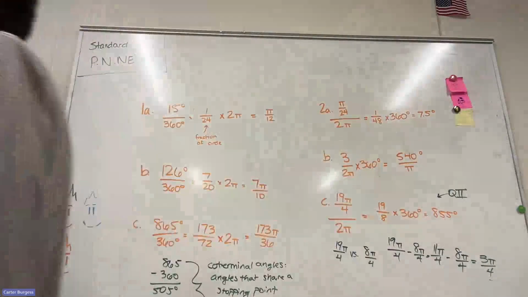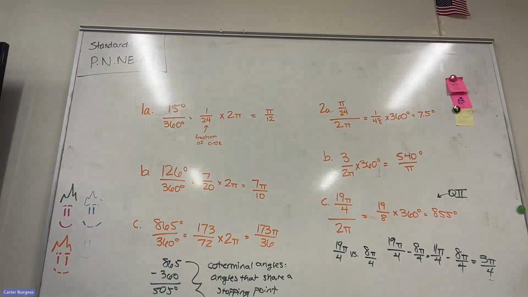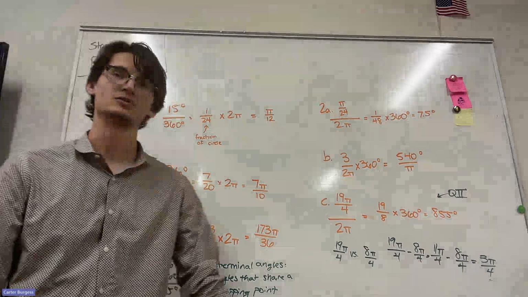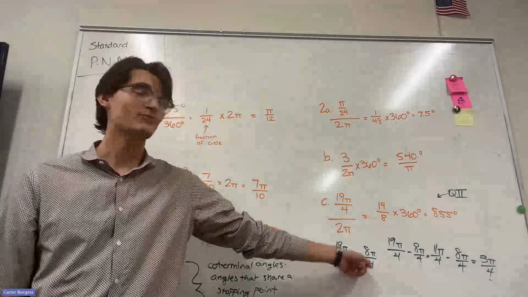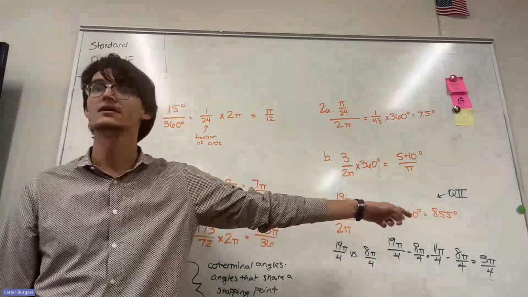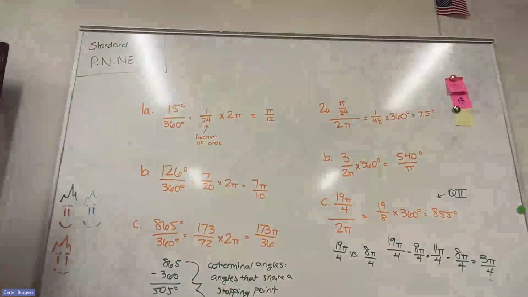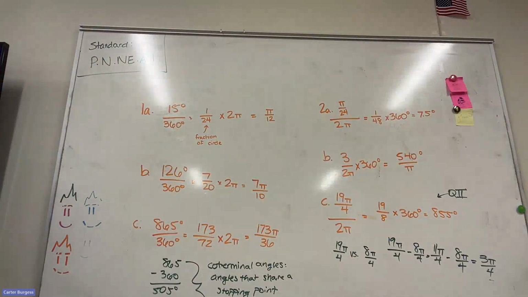The final point that we would see is that point that corresponds with 3 pi over 4. Is 19 pi over 4 the same as 3 pi over 4? No. It just shares a final resting location, which ultimately is the information that we actually want from these angles. So in many ways they are similar, but they are not the same angle. 3 and 19 are not the same.